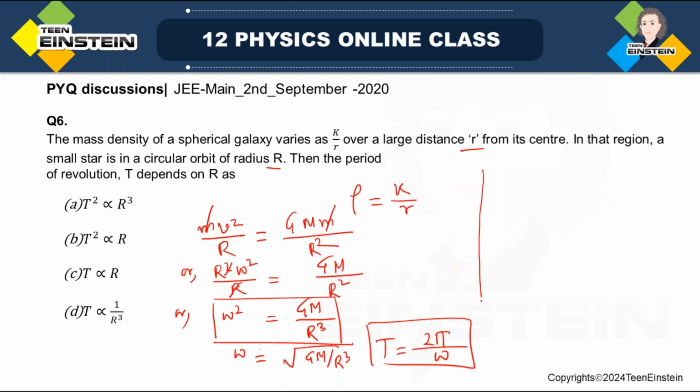So how do I find out omega? We have already got the expression. Omega square is equal to GM by r cube. But what is this M? This is the mass. I cannot write just 4 by 3 pi r cube rho like this.